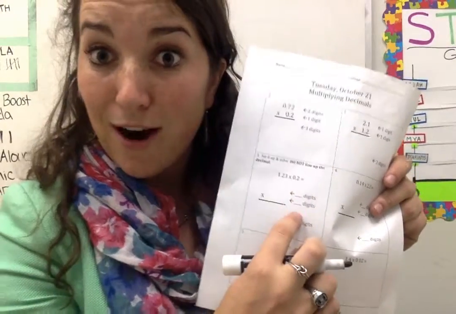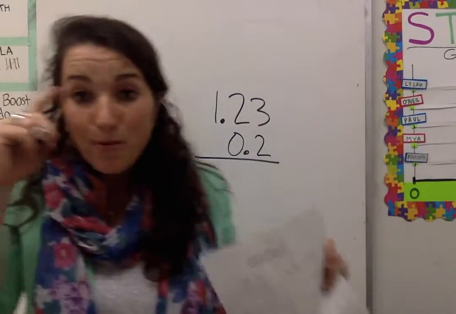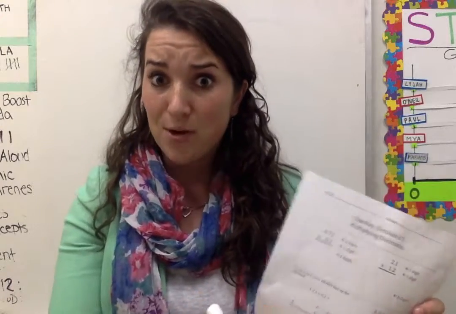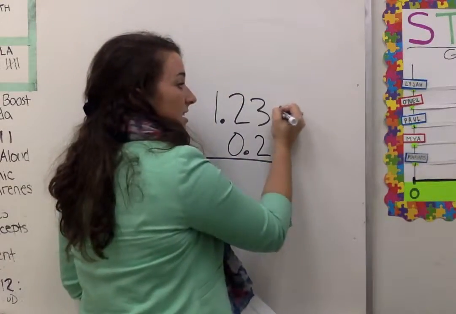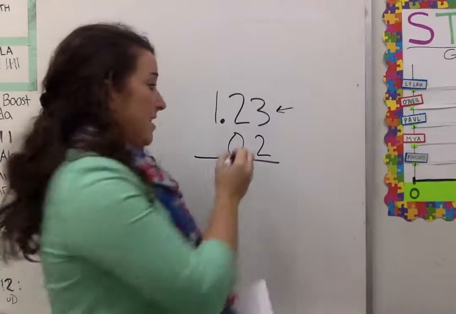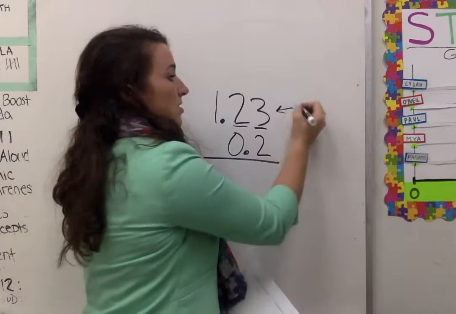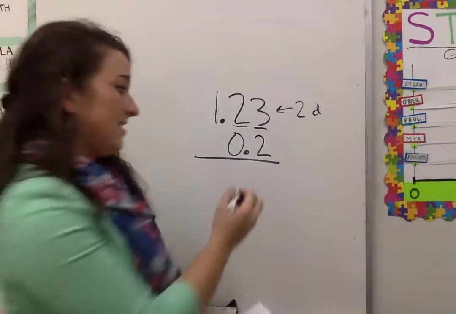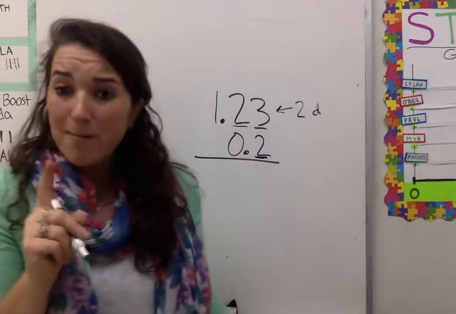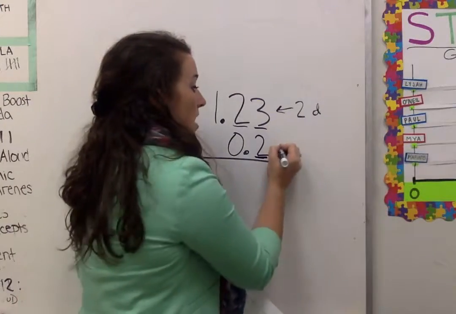Now, I have to fill in how many digits there are in each number. And even before I solve, I'm going to say how many digits there will be behind the decimal in my answer. In this one, there are 2 digits behind the decimal. I see 1, 2, so 2 digits. And in 2 tenths, I just see one number behind the decimal, so there's one digit.